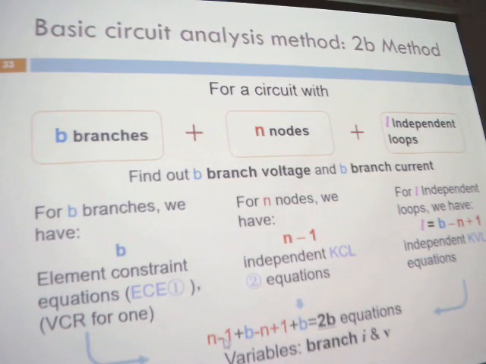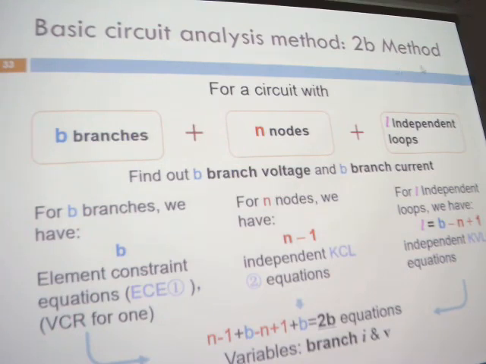Here the KCL equation number plus the KVL equation number plus the VCR equation number is equal to 2B. Clear? That is the name of this method.